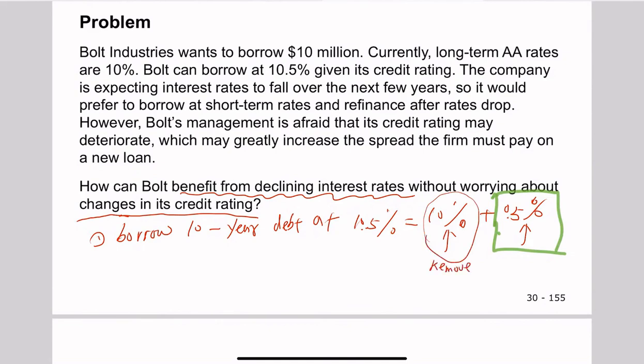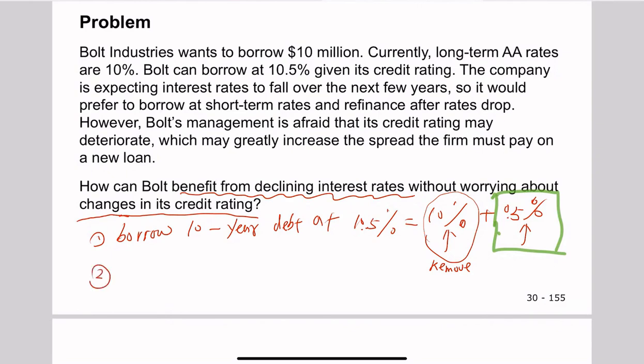That is, the firm wants to remove the fixed interest rate. It prefers to pay floating interest rate. The reason is because the firm believes in the future the market interest rate will decrease. So paying market interest rate is better compared with paying a 10% fixed interest rate, right?